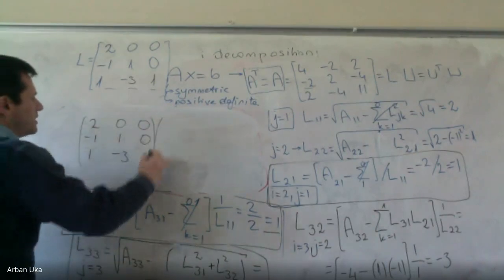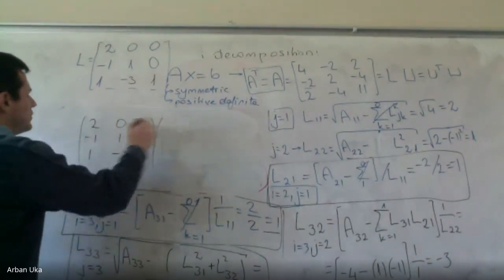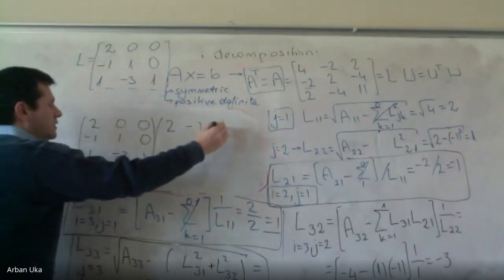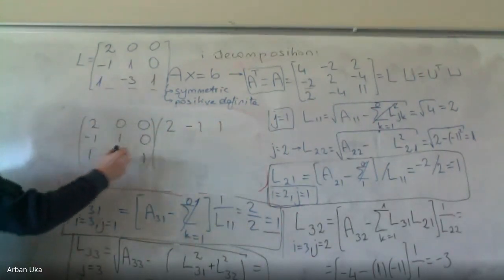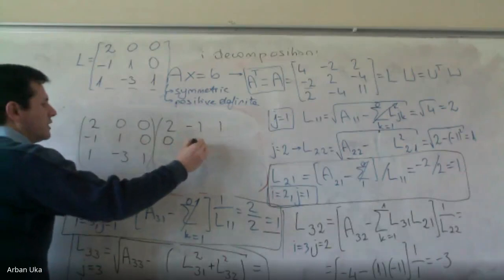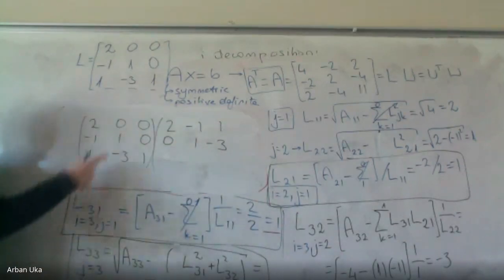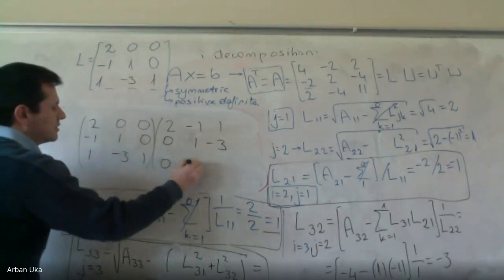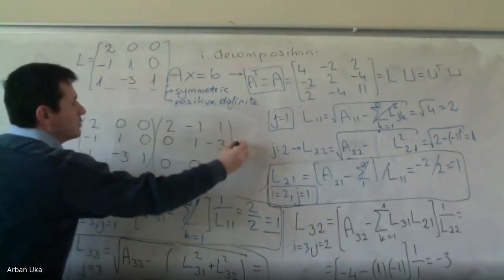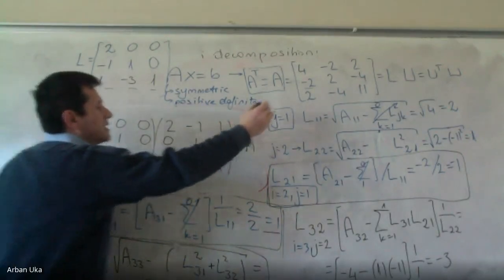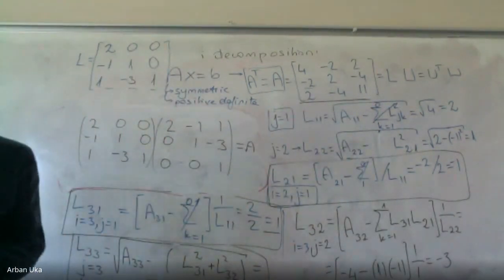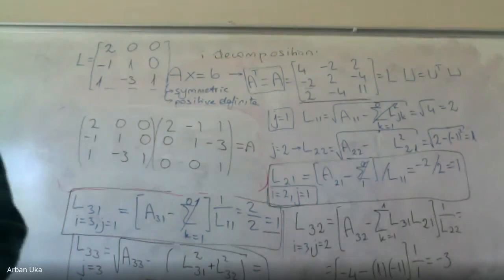We multiply this one with the transpose of it. So the first column becomes a row, which is 2, minus 1, 1. The second column becomes a row, which is 0, 1, minus 3. And the third column becomes the third row, which is 0, 0, 1. So these two multiplied are equal to the matrix A here. Now, this is how the Cholesky decomposition can be written.